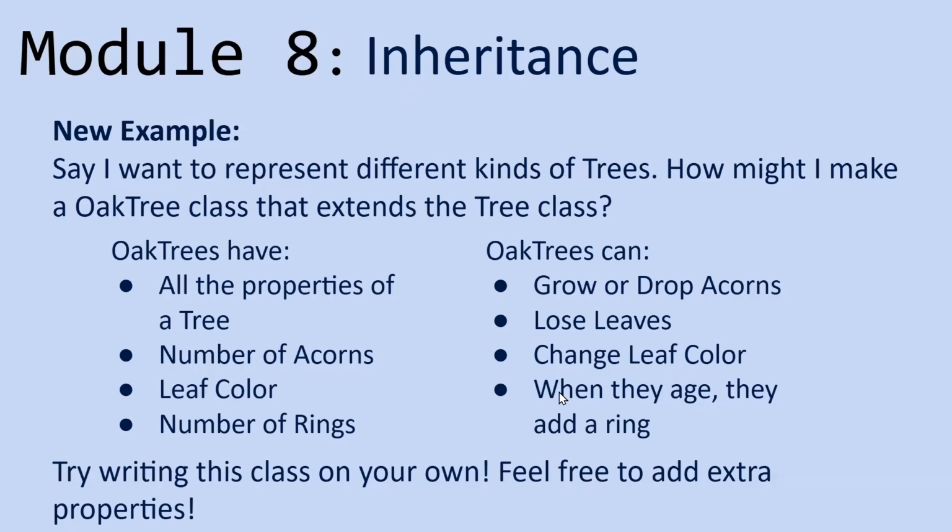And so we want to override the age method so that when the oak tree ages, it also adds a ring. So go ahead and try writing this class on your own. Feel free to add extra properties or methods if you want. Just try and include this basic stuff, and then we'll go over an example implementation in just a sec.